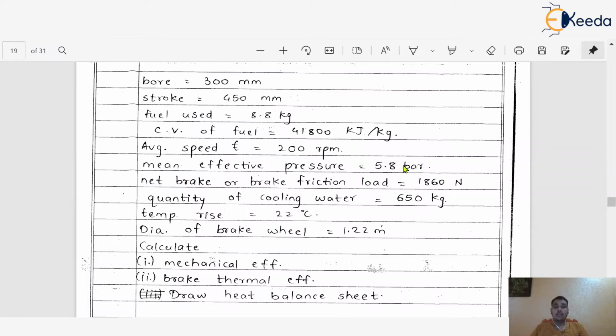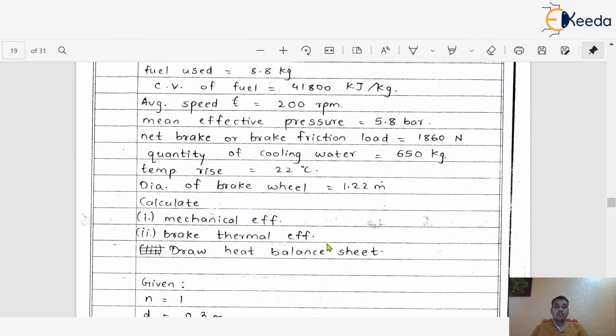So in the last problem, W1 minus W2 we have referred, and that 150 minus that 30, and we got that 130. But in this case, no W1 and W2 is given; the direct net brake load or brake friction load is given, and which has to be considered 1860 Newton. Again, there is no conversion of multiplying 9.81 because the load is given in terms of Newton itself.